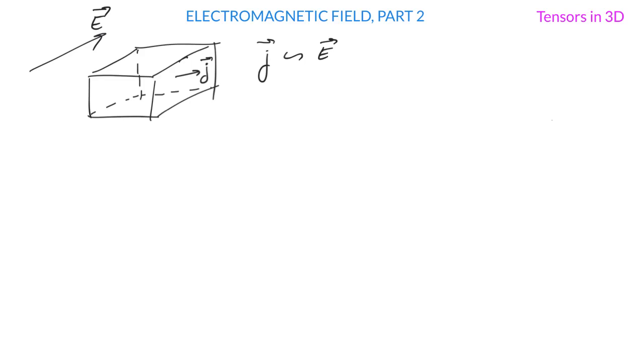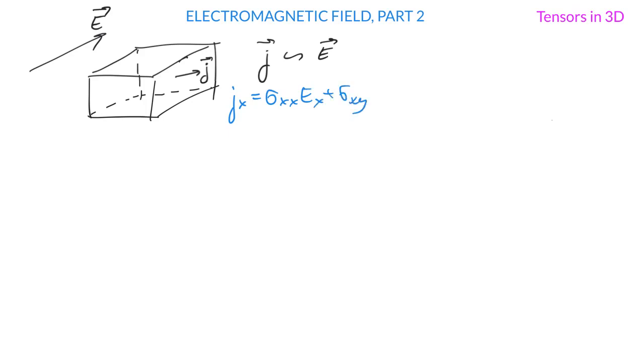Now, what is a general form for a linear relation between two different vectors? So we have vector E and vector J, and we want a connection that is linear but is unrestricted in any other way. This connection has to be written for each component. So for example, Jx can be written as a linear homogeneous function of the components of the electric field.